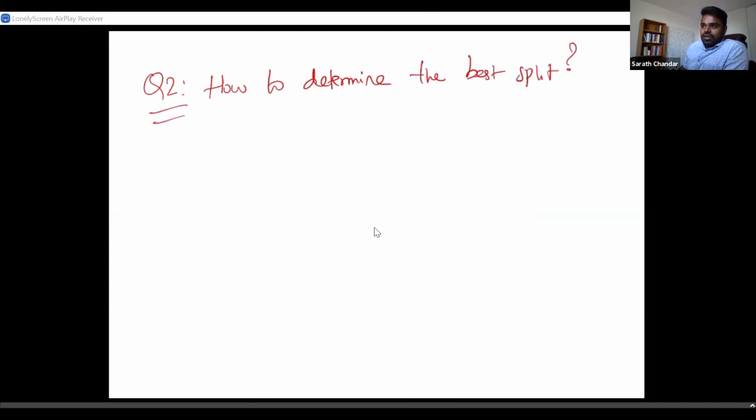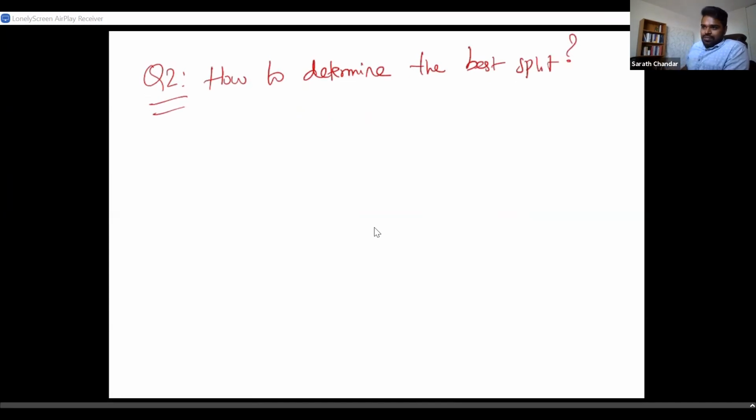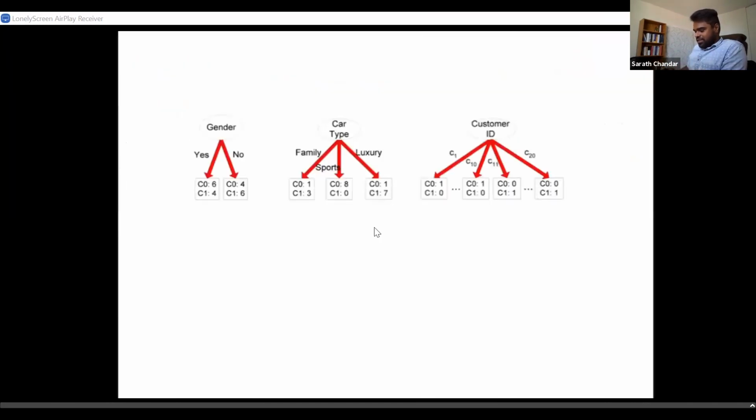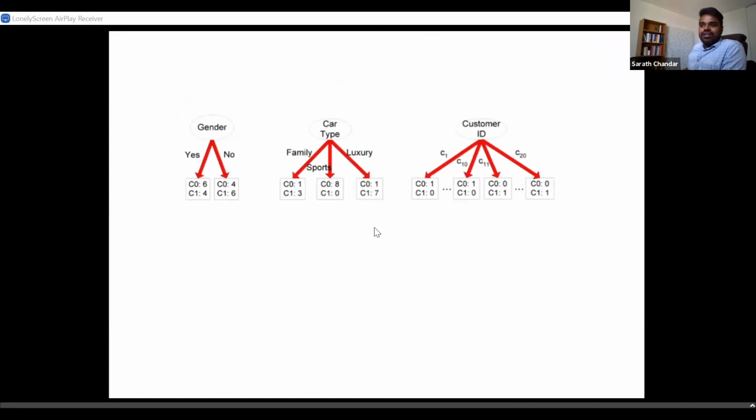Okay, so I'll give you an example. Let's say I have 10 records of class 0 and 10 records of class 1. I have a two-class problem. So now here are the three features that I'm considering.